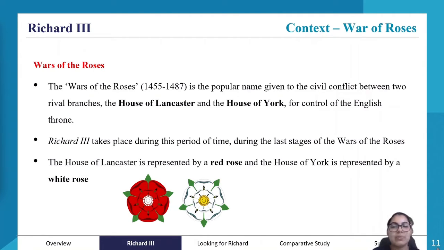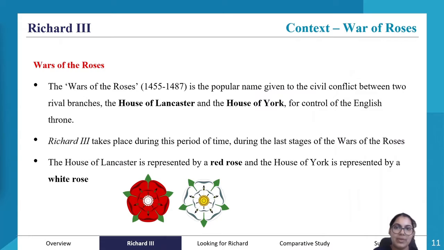That's just a house, but it has two rival branches, Lancaster and York, who were fighting internally for control of the English throne. Richard III takes place towards the last stages of the war.